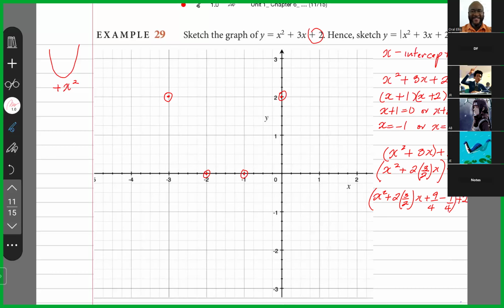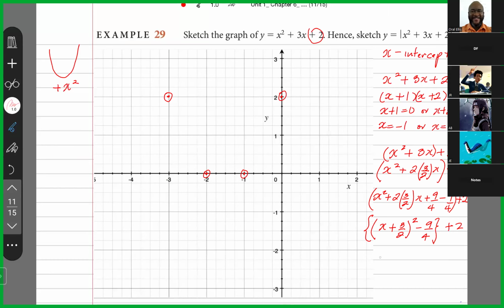Bracket all of this. Now, x squared plus 2 times 3 over 2x plus 9 over 4 is actually x plus 3 over 2 all squared, minus 9 over 4 plus 2.